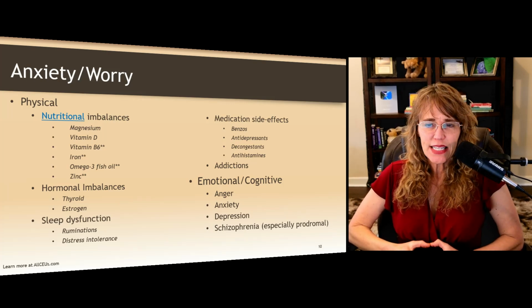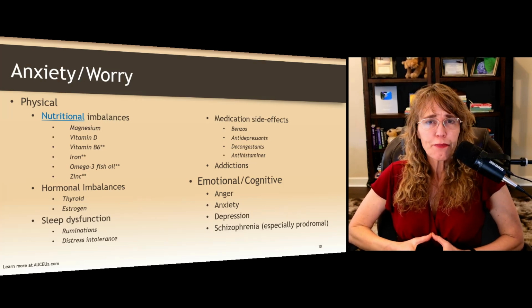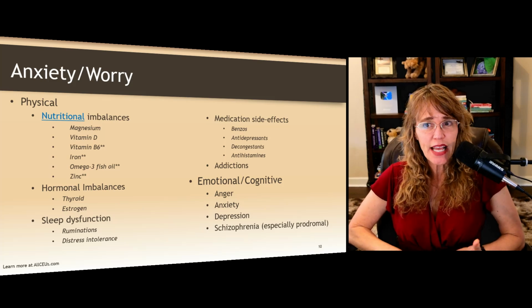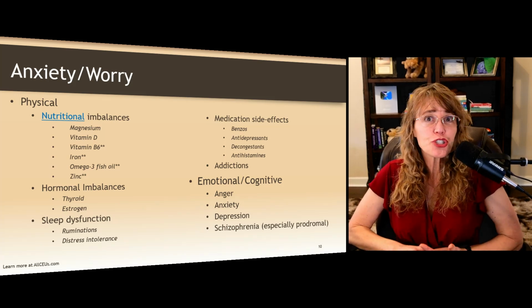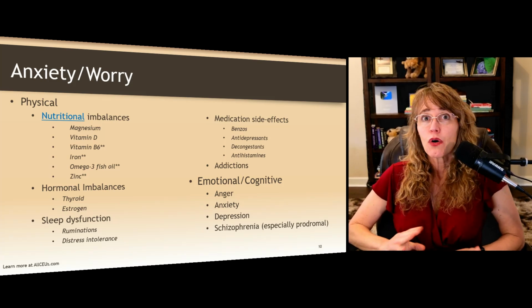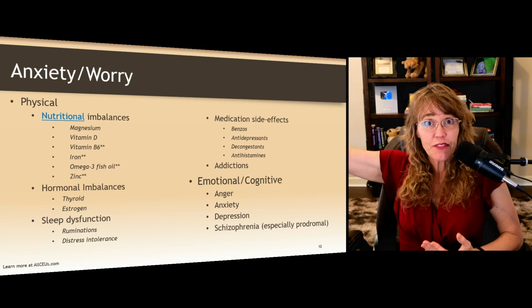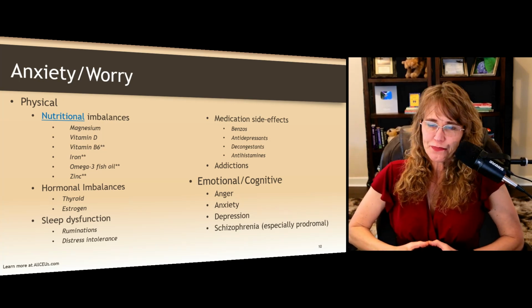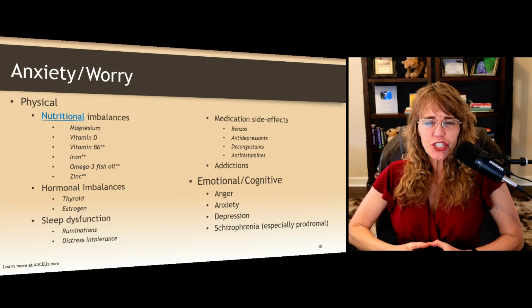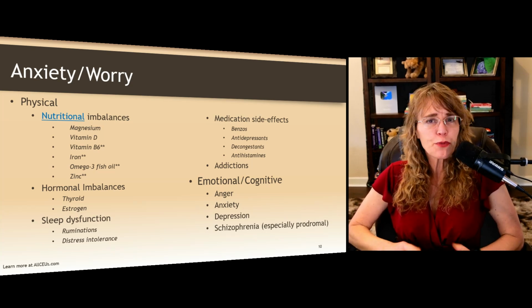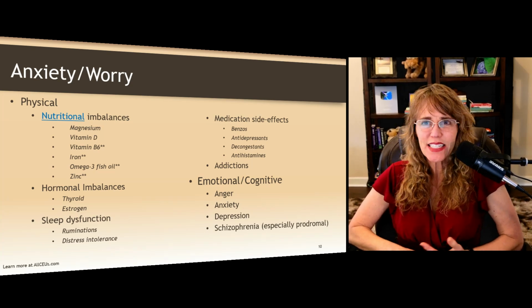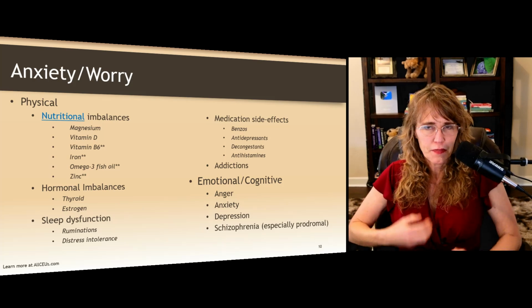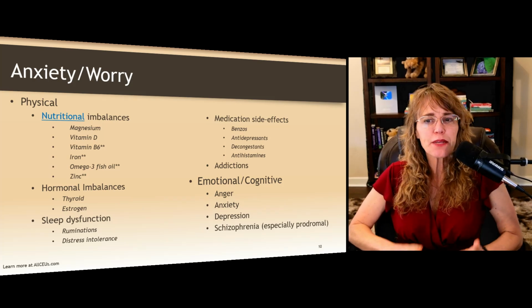Hormonal imbalances. Thyroid hormone imbalances can contribute to anxiety and worry, and estrogen imbalances, especially high levels of estrogen, can contribute to anxiety and worry. Sleep dysfunctions, because of ruminations or distress intolerance, people who are anxious may have sleep dysfunction.